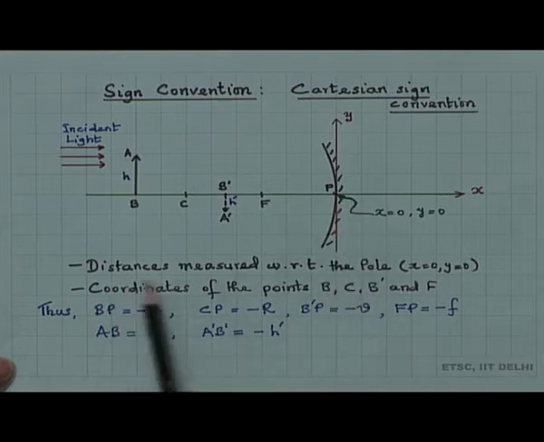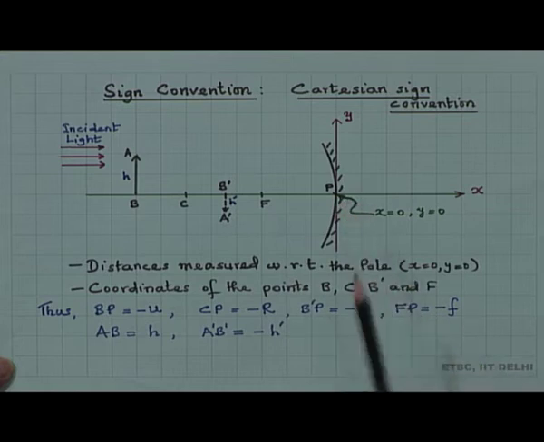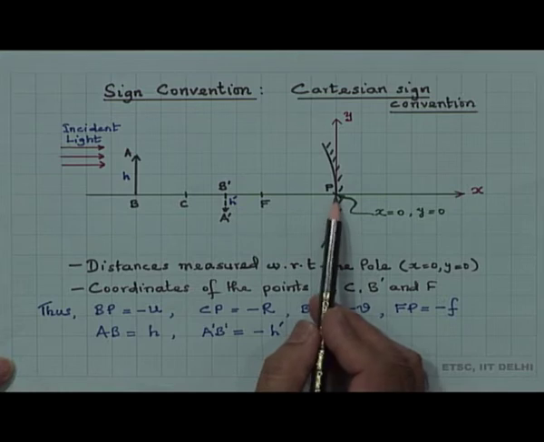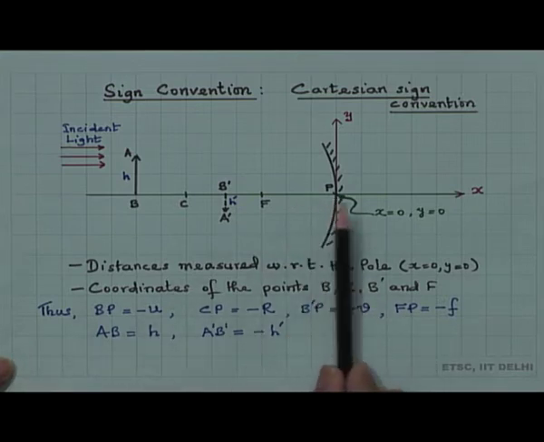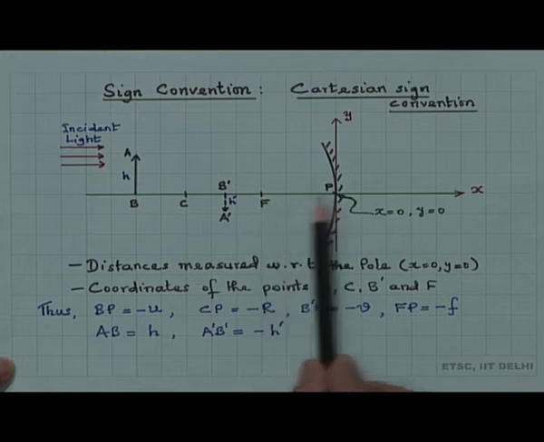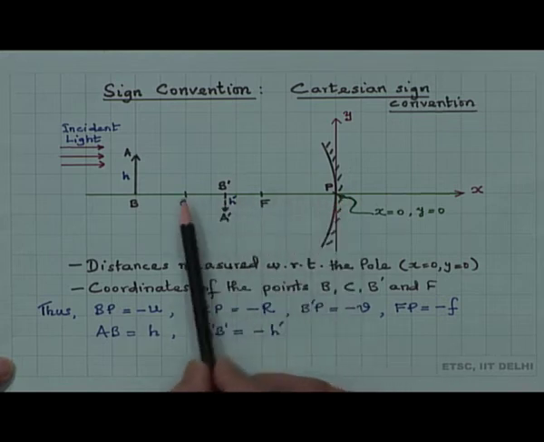Therefore, all distances are measured with respect to the pole, that is this point, x equal to 0, y equal to 0. Which means if we measure the distance to this side, these are negative.